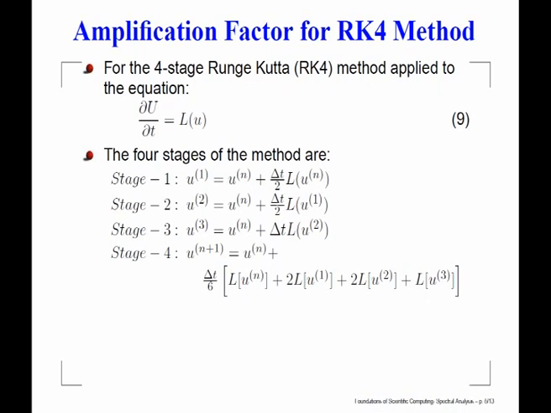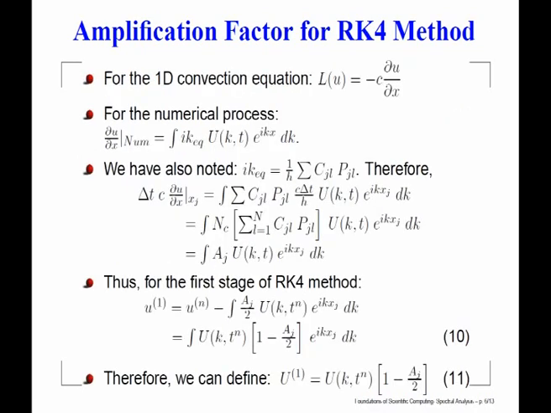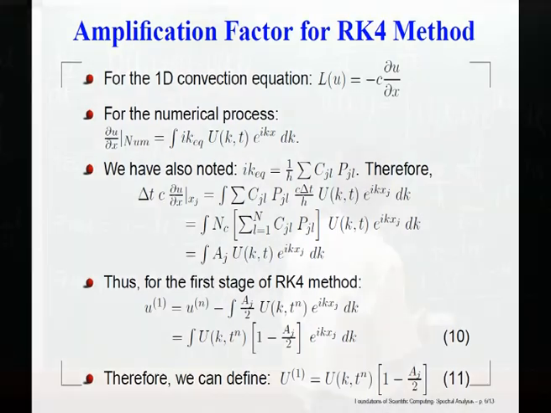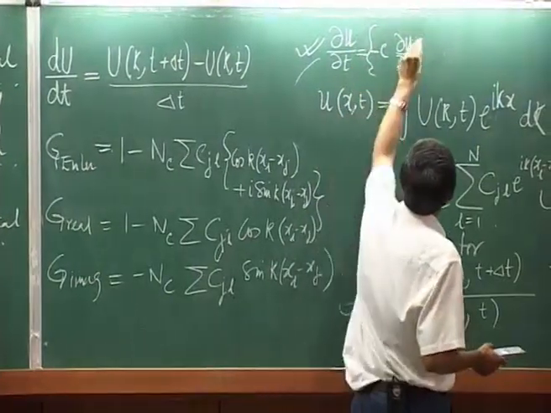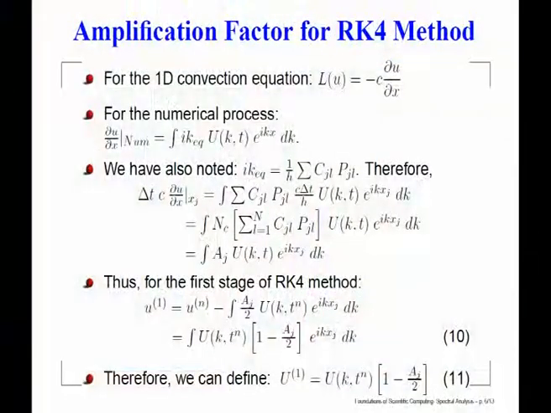Okay. So, basically then let us see what happens when we incorporate our spectral description and try to get the value of g for this particular time integration method. So, coming back to your 1D convection equation here, I can put this on the left hand side, right, and if I do this, so this quantity is nothing but your L of u for this scheme.